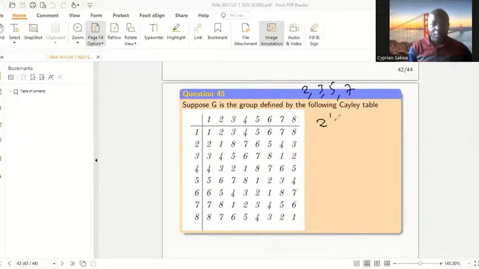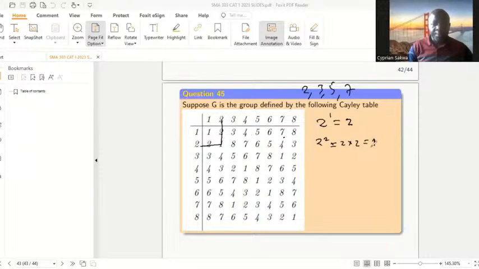So 2 raised to 1 is just 2. What about 2 raised to 2, which is 2 times 2?